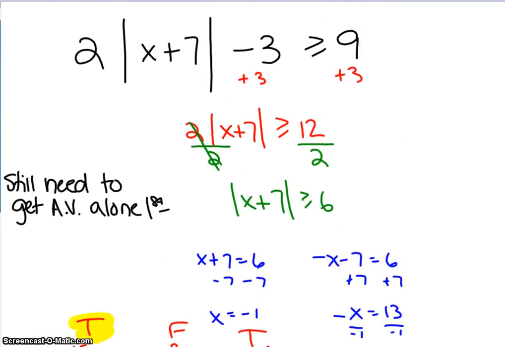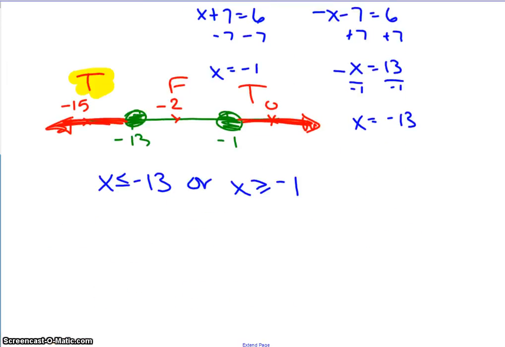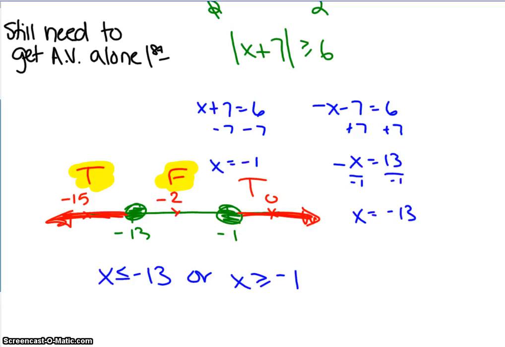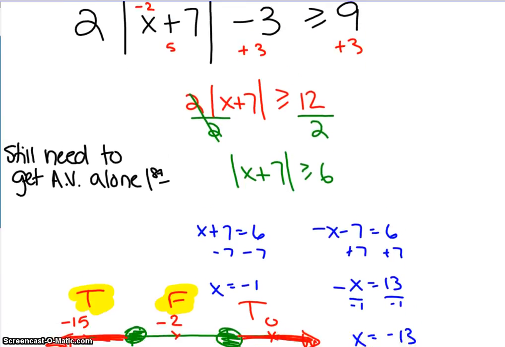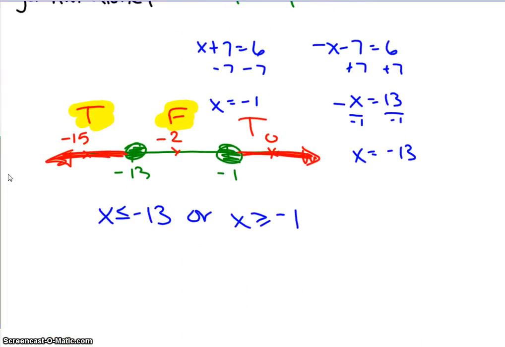If I go to the -2, -2 plus 7 gives you a 5. Absolute value of 5 is 5, times 2 is 10, minus 3 is 7. Doesn't work. That's why we got false here. If I plug in 0, again, nice thing is I get 7. Absolute value is 7, times 2 is 14, minus 3 is 11, which is greater than 6.